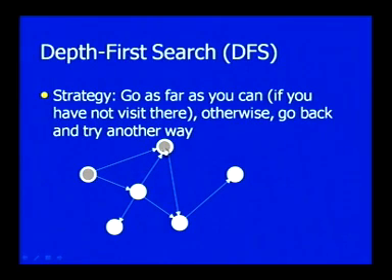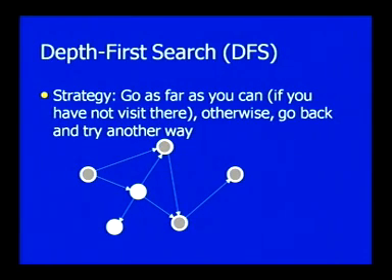I am here, and as far as I am concerned, the neighbor is this one only. So, I visit this particular node. Now all the earlier information is lost, and my next node is this one.